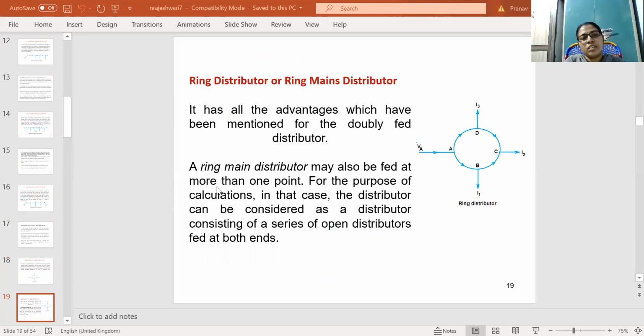The ring main distributor may also be fed at more than one point. For the purpose of calculations, in that case, the distributor can be considered as a series of open distributors fed at both ends.